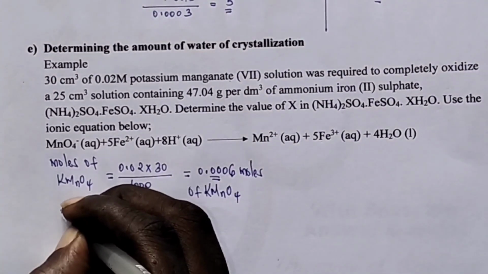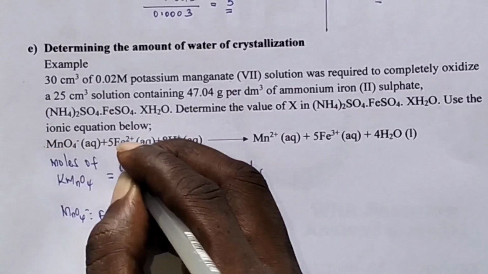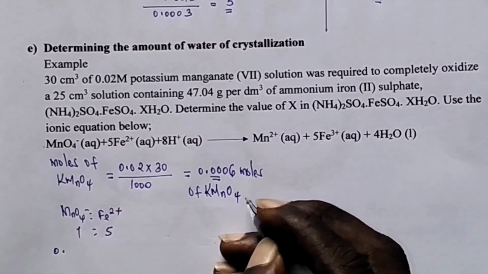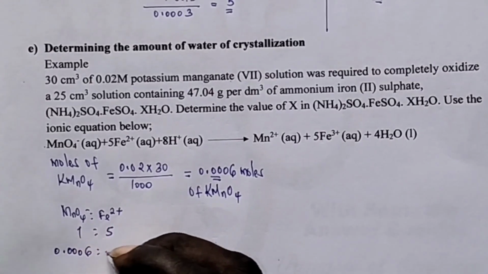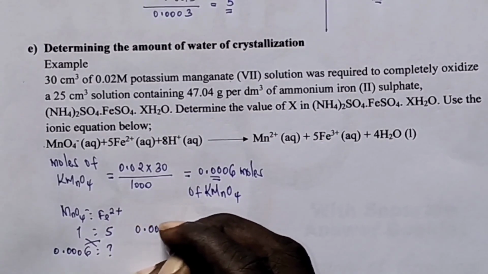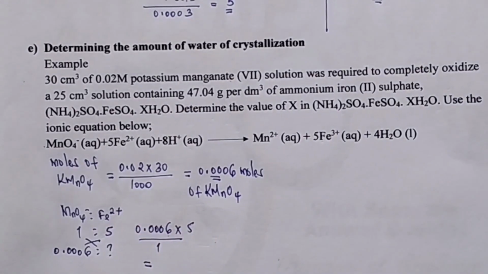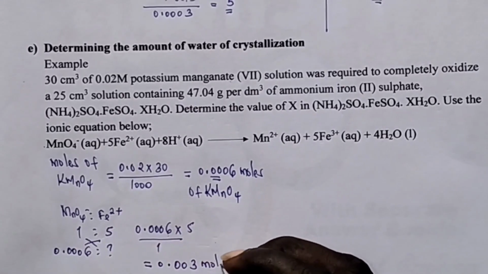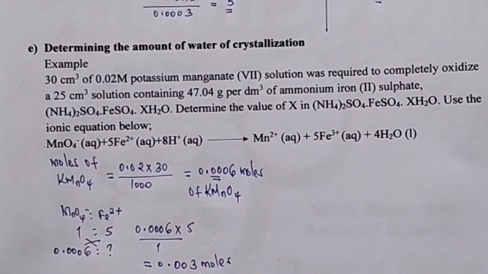The ratio of manganate(VII) ions to iron(II) ions is 1:5. We have 0.0006 moles of manganate(VII) ions. What about iron(II) ions? We cross multiply: 0.0006 multiplied by 5, and here we get 0.003 moles of iron(II) ions in ammonium iron(II) sulfate.